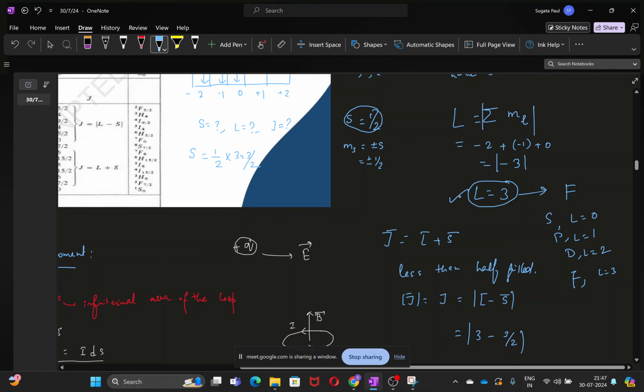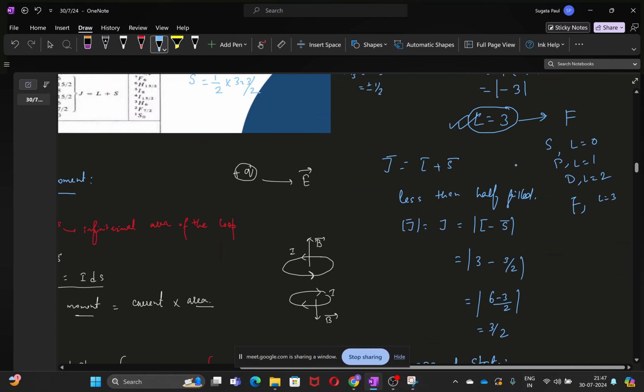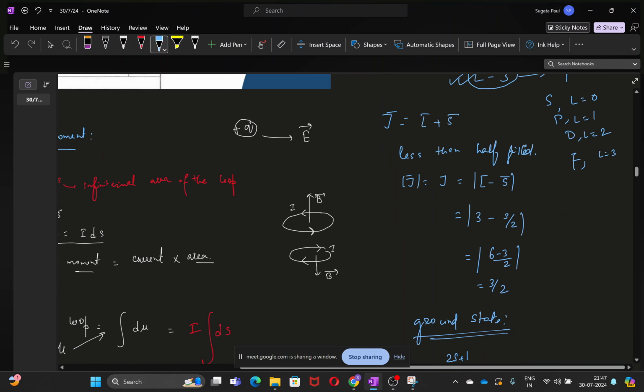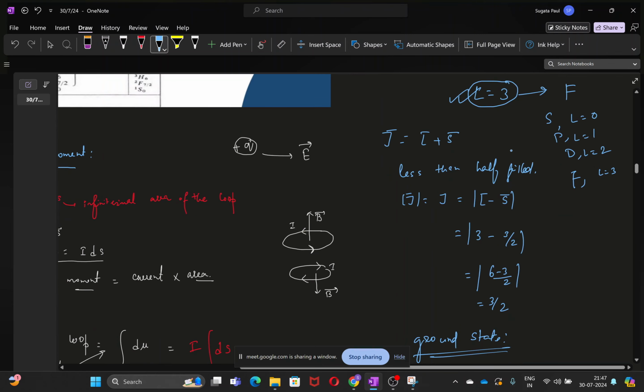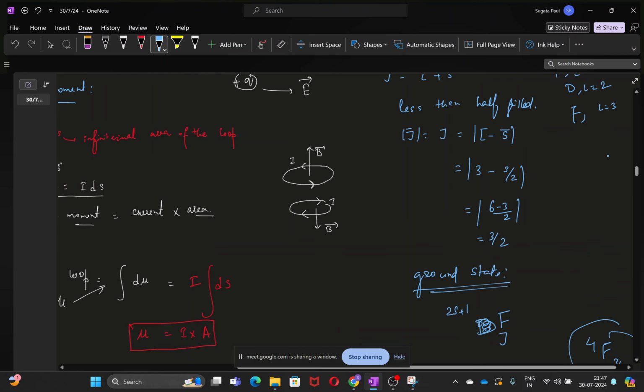So from the calculation we did it right, that capital L is actually coming as 3, but while considering it we confused the value with small l. So it is not the value of small l we have to consider, it is the value of capital L. So that is why, because the capital L is 3, you have to take F as the ground state. Otherwise the calculation is just right. You can check with the chart that it is just F 4 3 by 2. This is the ground state for this case.